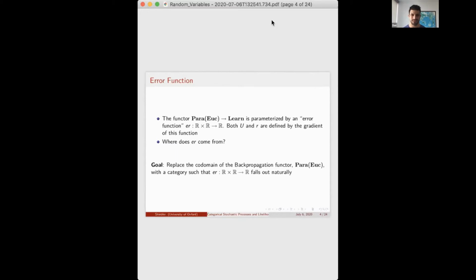There's some sort of error function that describes the difference between what your model is producing and what you want it to produce, and the gradient update steps and the structure of how you want your model to evolve over the course of the optimization are dictated by the structure of this error function. And in these works, this error function is usually assumed to be given. The goal of this work is to change the domain of the backpropagation functor, so that it is a category where our error function comes naturally.